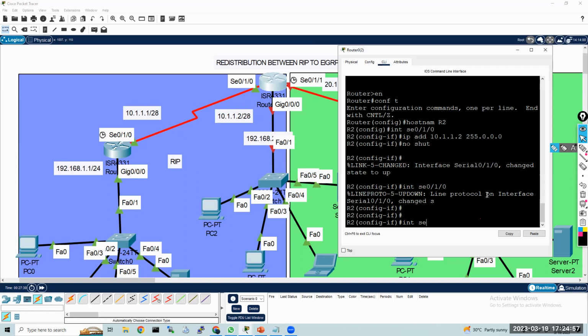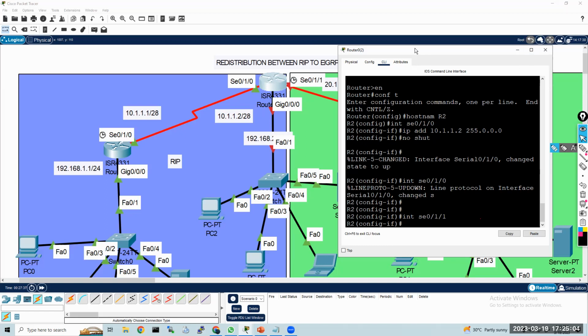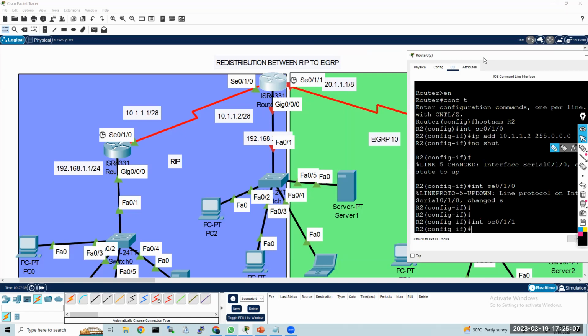Interface is SE011. And IP address 20.1.1.1. 255.